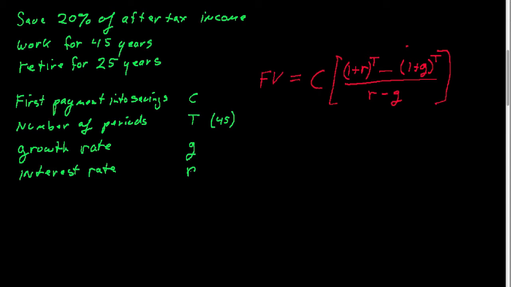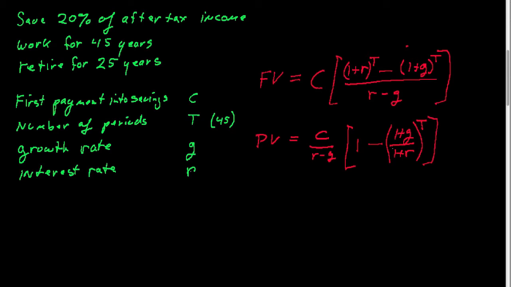The formula for the present value of a growing annuity is PV equals C divided by r minus g, times the quantity 1 minus ((1 plus g) divided by (1 plus r)) all raised to the T power. In this case, PV will be the value of the annuity when you buy it. That will be your retirement savings. You're going to take your retirement savings and buy an annuity.